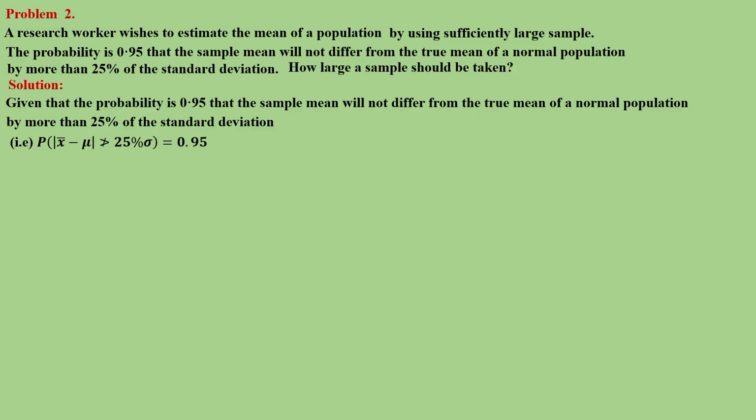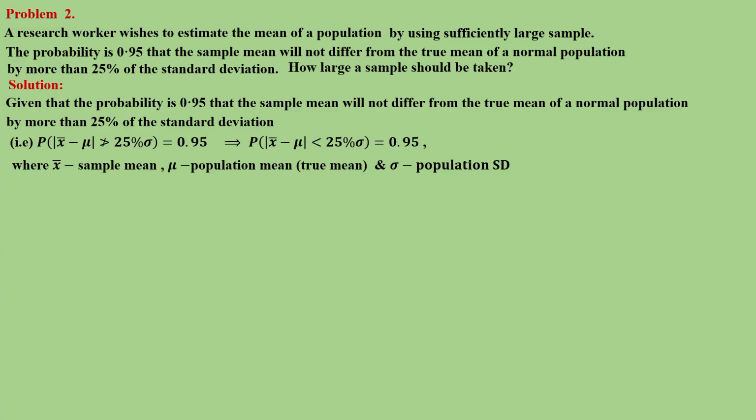That is what the statement is telling. So probability of |x bar minus mu| less than 25% sigma equals 0.95, where x bar is the sample mean, mu the population mean, and sigma the population standard deviation.